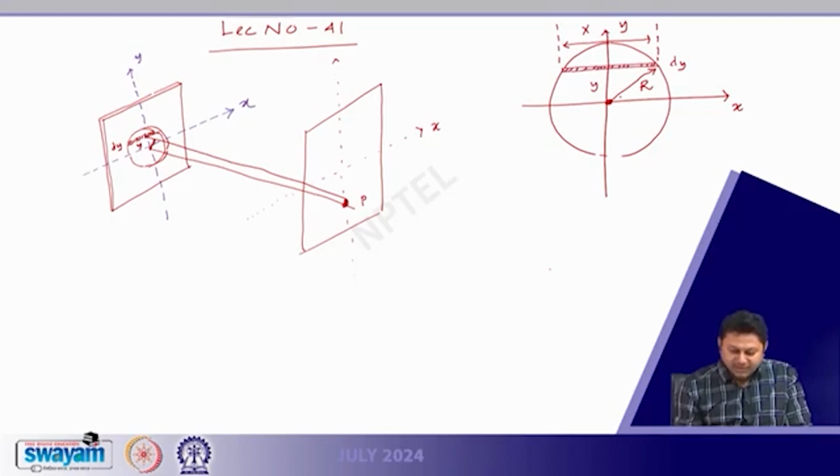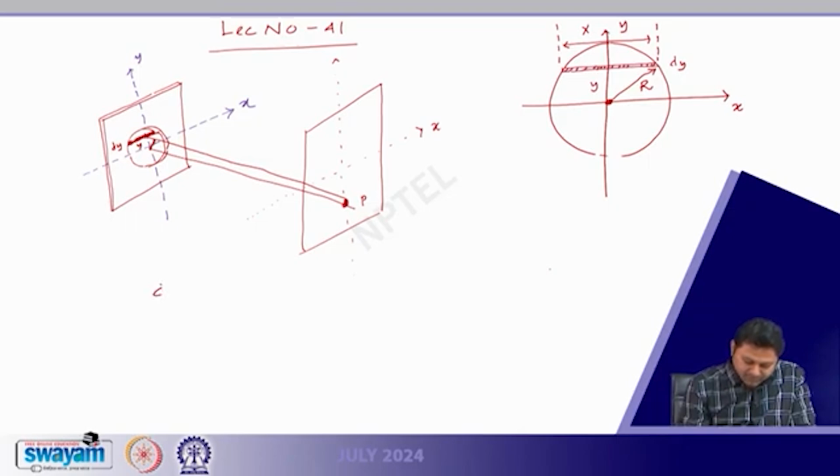So first we need to find out the electric field at point P due to this small strip, this small area that is drawn over the length y, this dy.